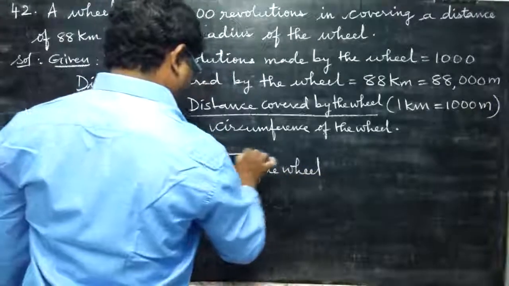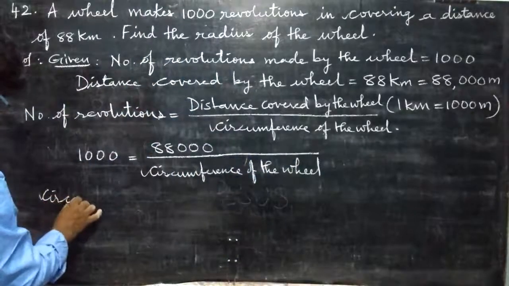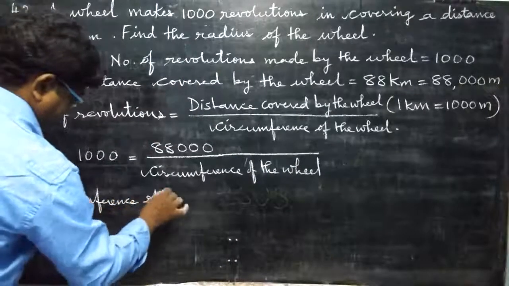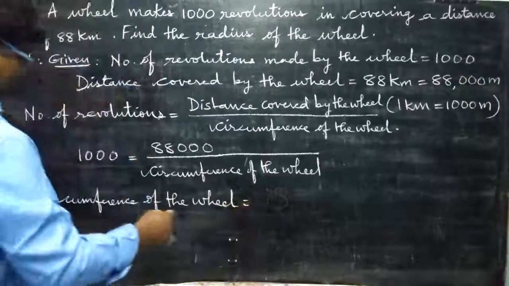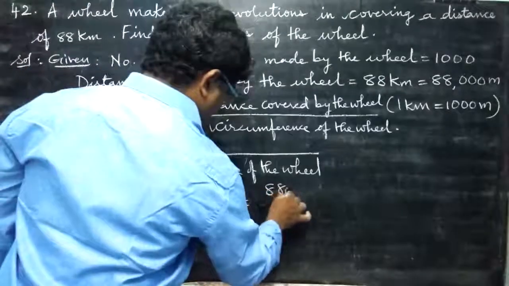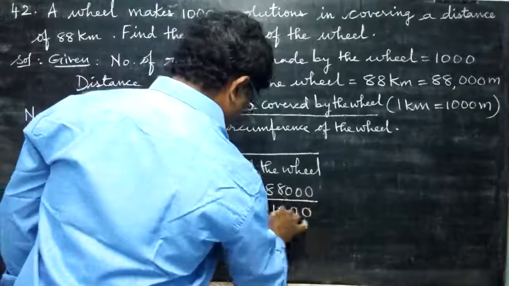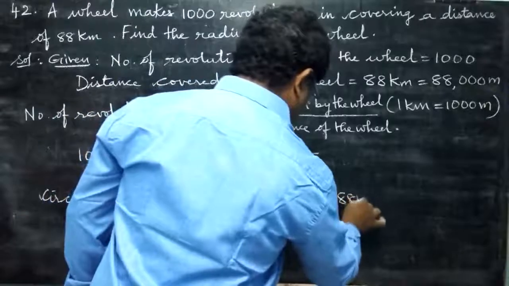Now do cross multiplication. Circumference of the wheel is equal to 88,000 by 1000. 3 zeros get cancelled. We got 88 meters.